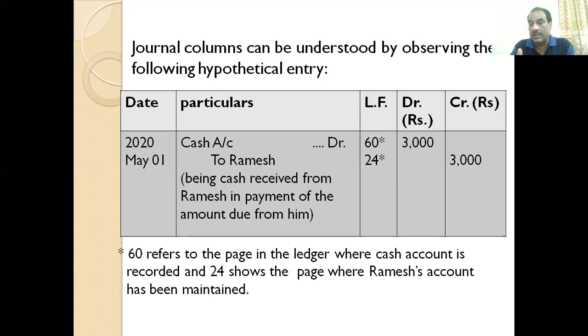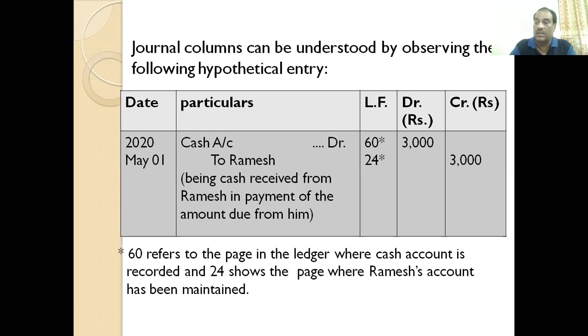So the cash account is the receiver and the Ramesh account is the giver. The receiver's account has been debited and the giver's account has been credited as per the rules of debit and credit, and both accounts are personal accounts. So it is very important that first of all, we should try to understand the nature of the type of the account, whether it is a personal account, nominal account or real account.